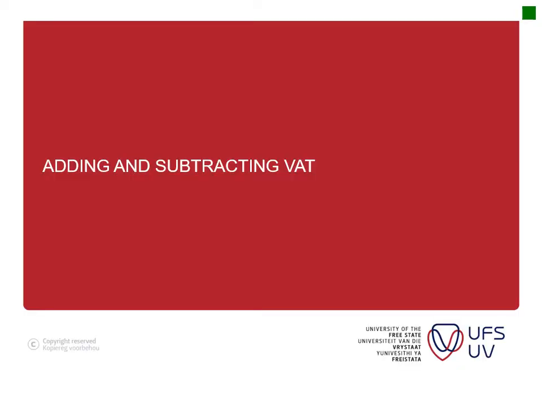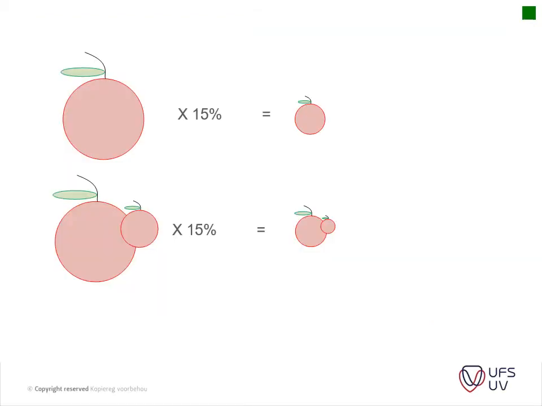And then I get to a very important thing. I think I did mention it before in one of our lectures, which is how to add VAT and how to subtract VAT. It may seem a very simple thing, but it's actually not that simple, because how do you subtract 15% of an item that already has 15% on it?